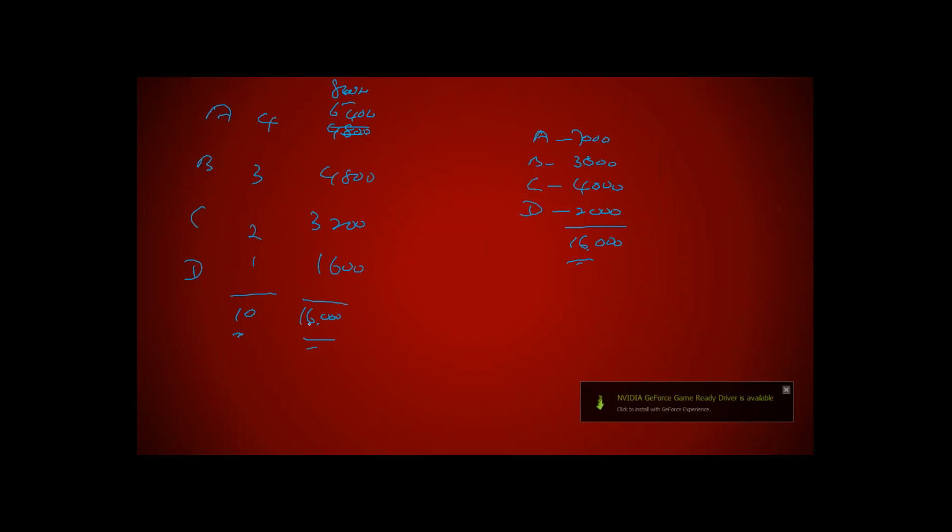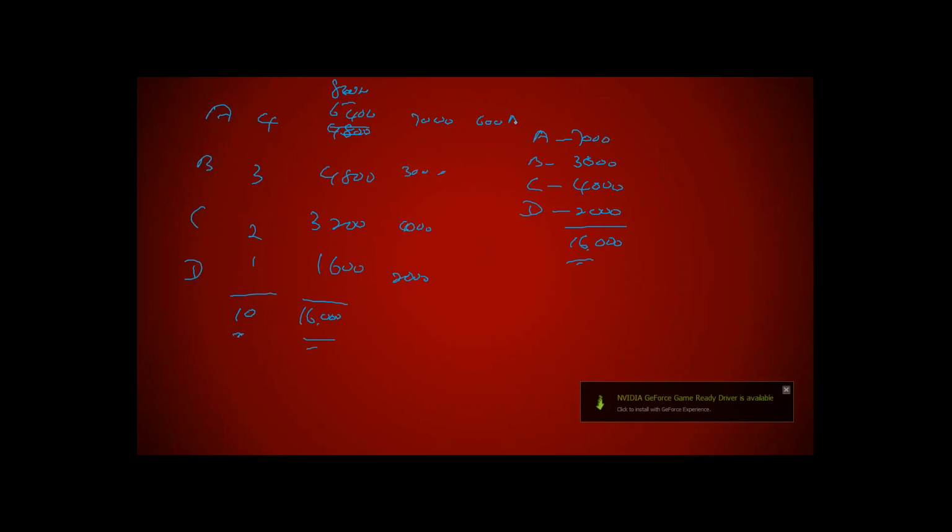So now we want to see the actual mix. This is your standard mix. The actual mix is 7,000, 3,000, 4,000, and 2,000. As far as A is concerned, good or bad? A is adverse.